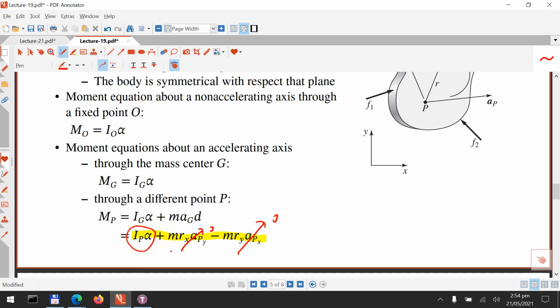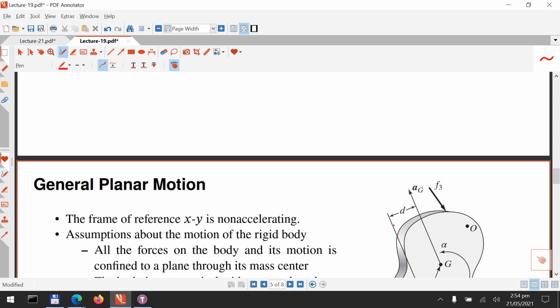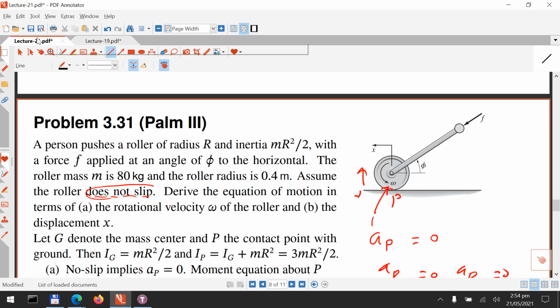On the other hand, if we use this formula, it looks simple because it has only two terms, and it is appealing as well क्योंकि हमें IG पता है mr squared by 2. लेकिन प्रॉब्लम ये है कि AG क्या है? AG is the acceleration of the center. तो वहां जाके कि सेंटर का एक्सेलरेशन वहां पे क्या है इस प्रॉब्लम में?